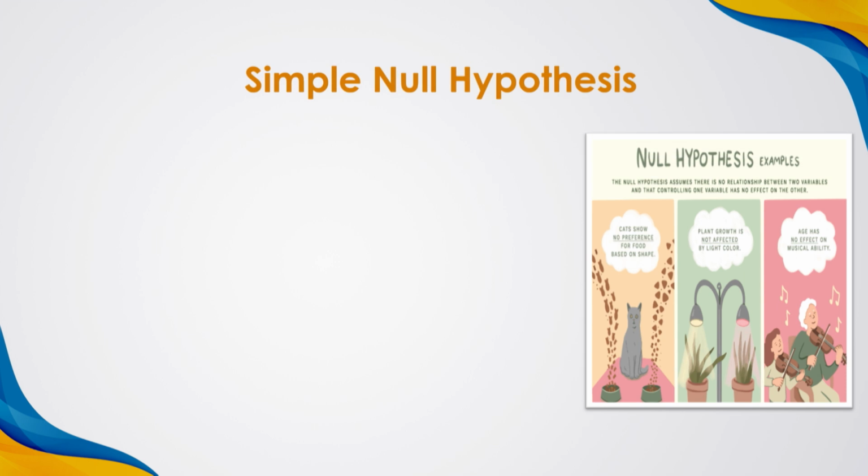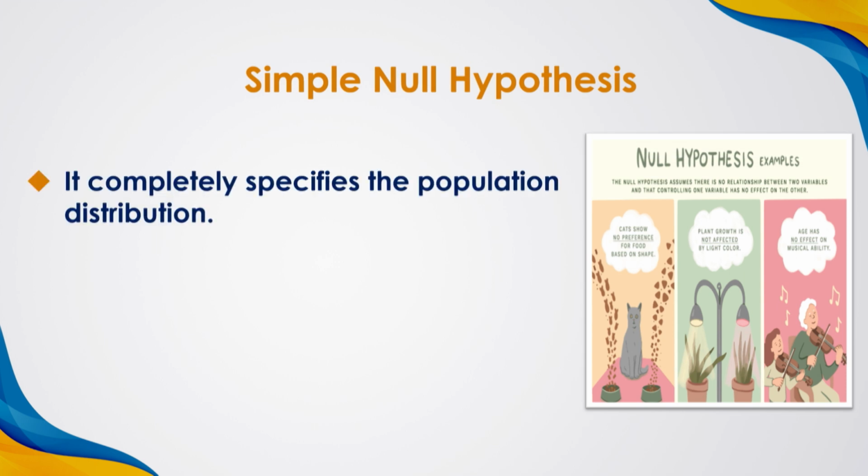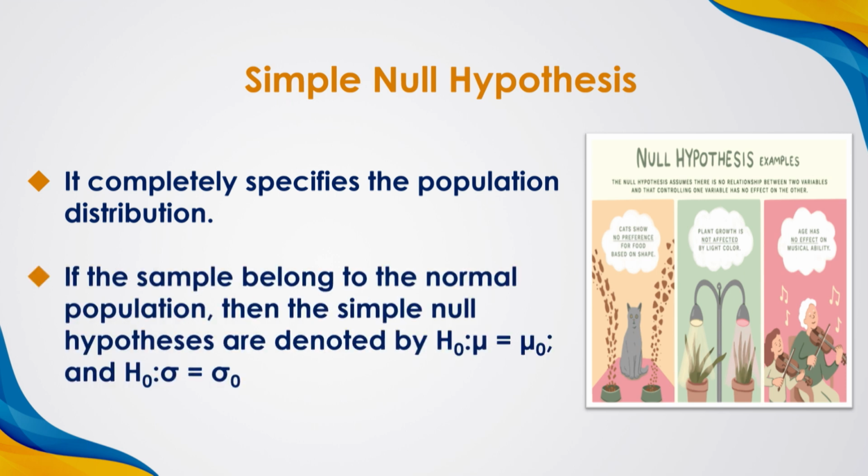So, these are the 8 combinations we are going to discuss using simple and composite, null and alternative, parametric and non-parametric. Now, coming to the simple null hypothesis, as I mentioned, it is so clear, it completely specifies the population distribution without ambiguity.